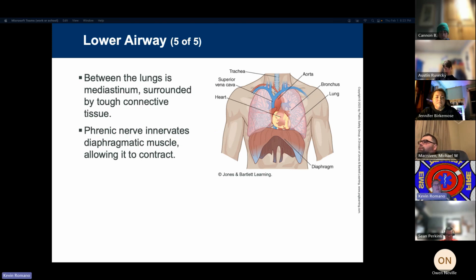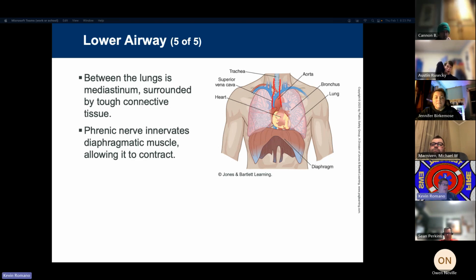So between the lungs is the space called the mediastinum, which is surrounded by connective tissue. Okay. So the mediastinum, I'm trying to draw it out with the mouse this time. Right in that area. Okay.